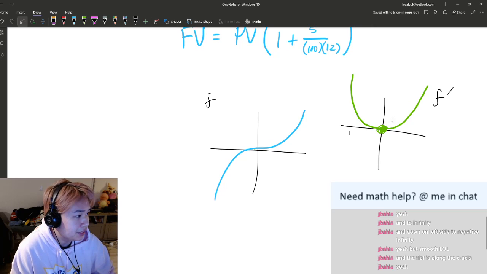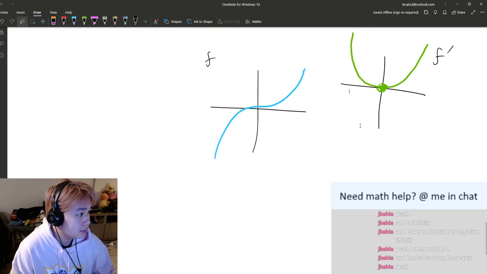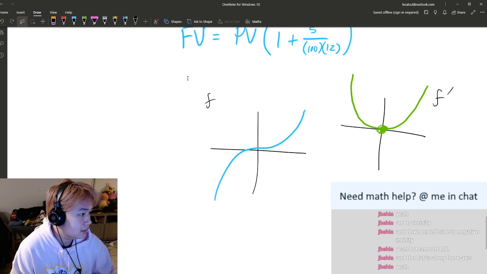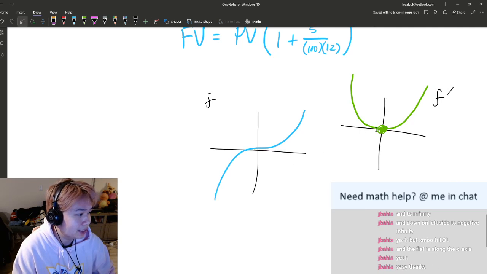So then this is what the derivative should sort of look like. So hopefully that makes sense. Because I'm assuming this is a matching question, and they give you a bunch of graphs, and you have to pick which one is the derivative. So compare the tangent slopes, and then those are the y values of the derivative graph.